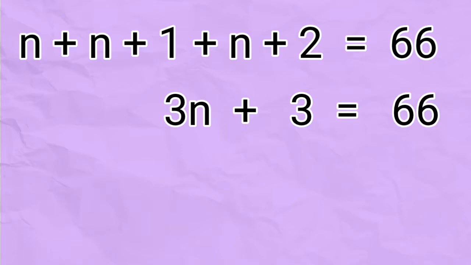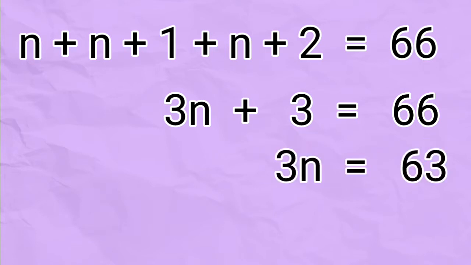Now we need to get n all alone. So we'll subtract 3 from both sides of the equation. That gives us 3n equals 63. Now we divide both sides by 3, and we get n equals 21.